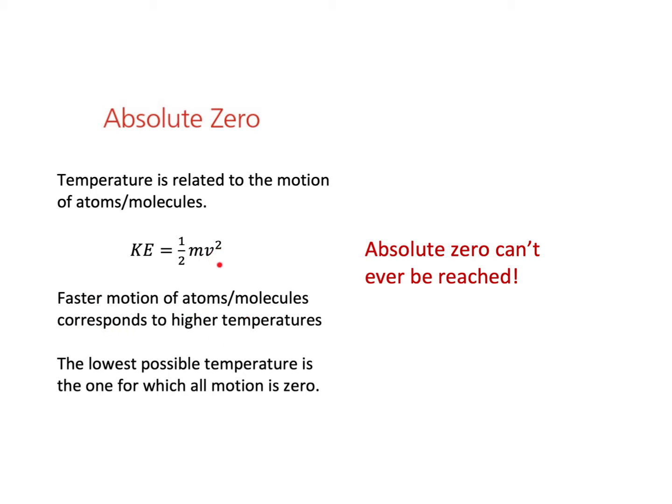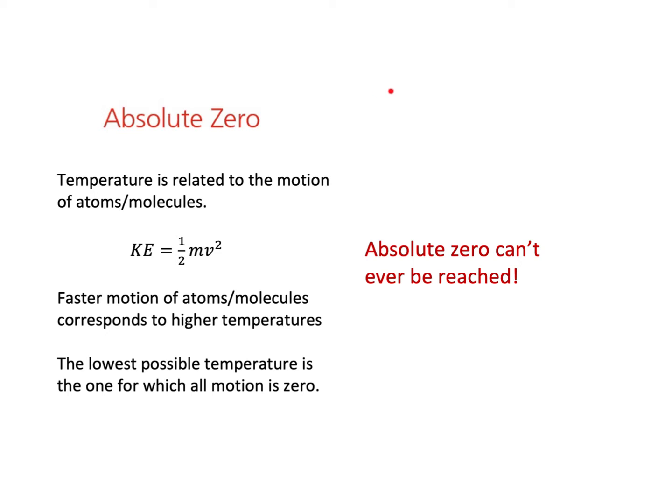Because as v gets bigger and bigger, as the velocity goes up, the temperature goes up. The reverse of that is that lower temperatures correspond to things slowing down. So what's the slowest that something could possibly be moving? Well, stopping, coming to a dead stop. And so I could imagine I have a molecule in a substance and the atoms are vibrating back and forth.